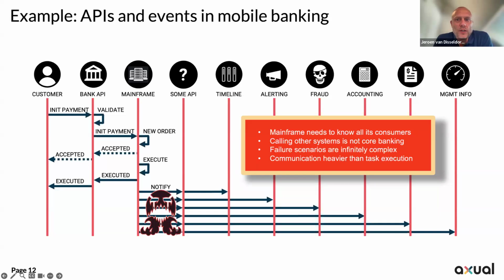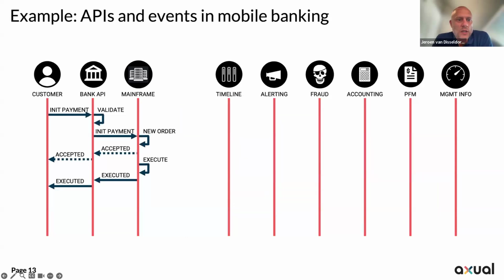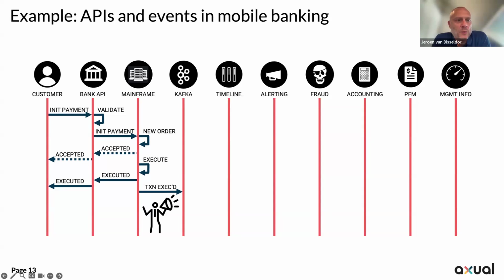So let's look at an alternative, where we put Apache Kafka in the middle. So now there's not an API, but there's a full-blown event platform in the middle. A mainframe now only needs to send a transaction executed event to Apache Kafka. This is sort of like an announcement to the rest of the world that the transaction took place.